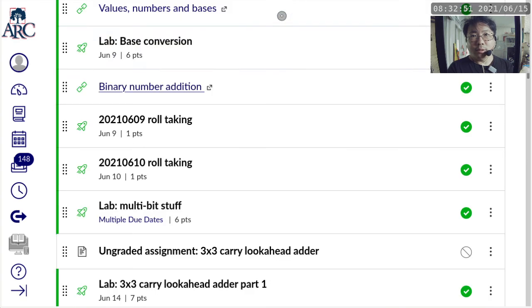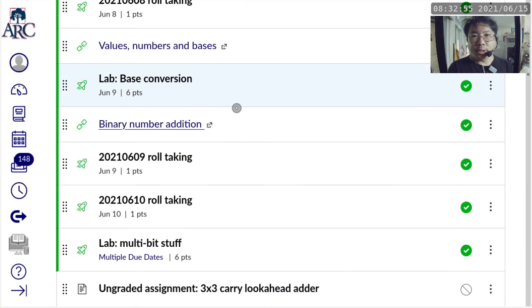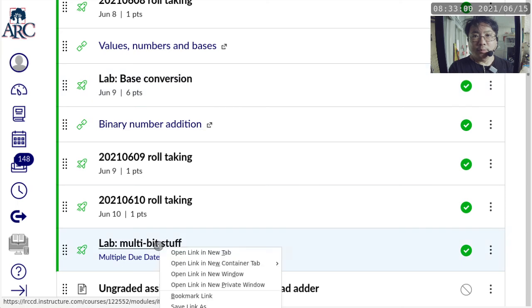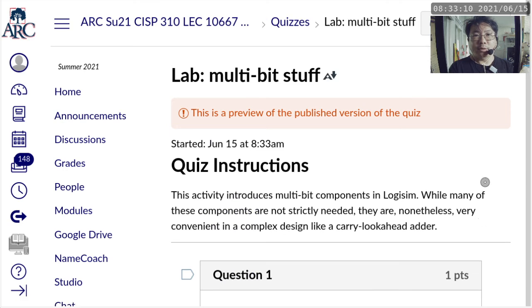So now we go back to the lab from last week, because I want to point out that instead of just being a lab for people to breeze through, the questions are intended to teach the concept of multi-bit.